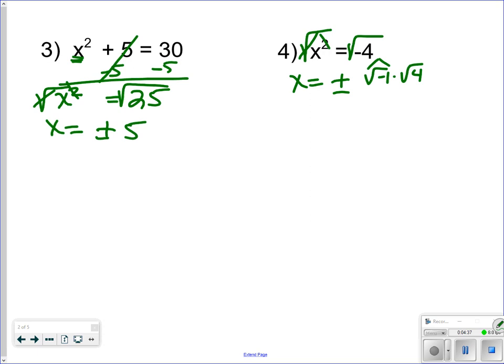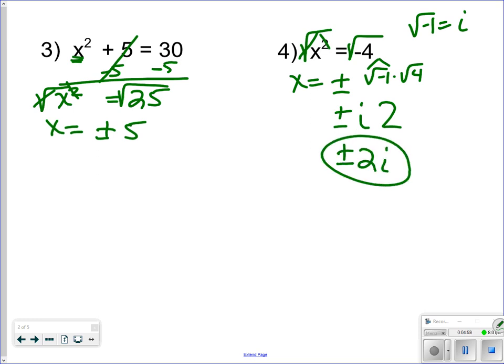And remember, what's the square root of negative 1? Yes, i. Square root of negative 1 equals i. So this one is plus or minus i, and then the square root of 4 is 2. Okay, now that's technically written backwards. We usually like to see the number first. So how about if we flip this around? Plus or minus 2i.